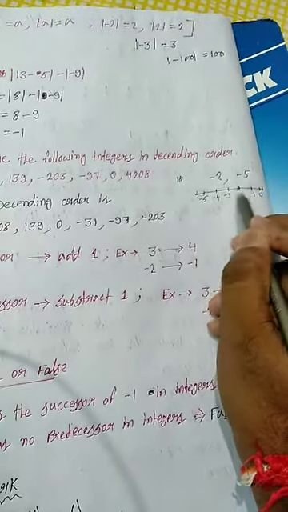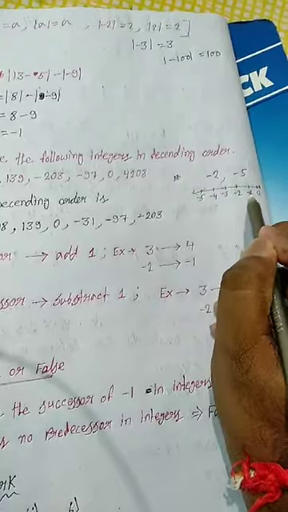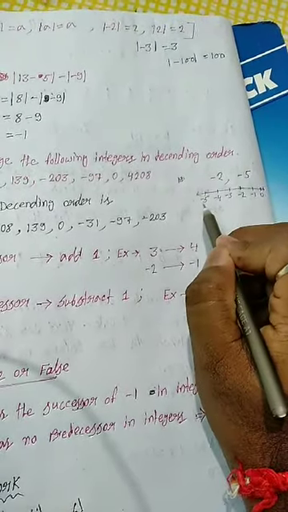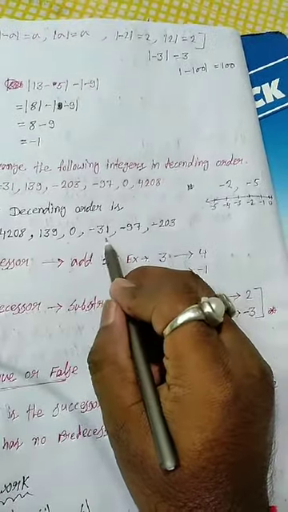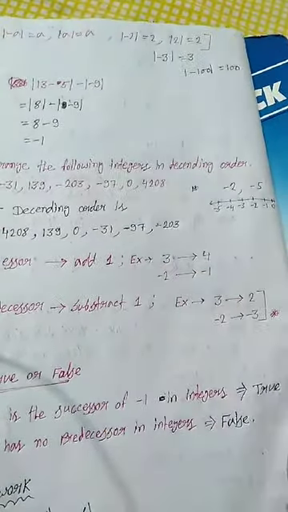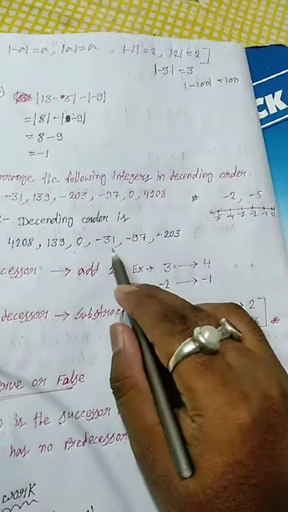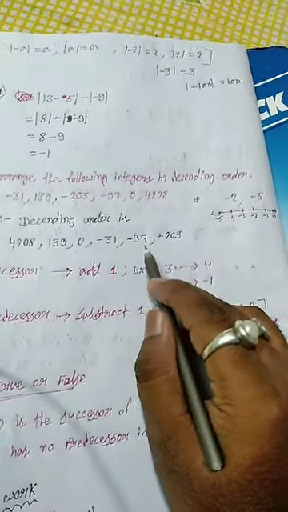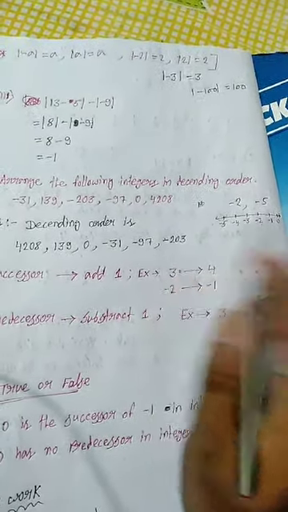If you compare these two numbers, the number present on the right hand side is bigger, and the number present on the left hand side is smaller. That means minus 31 is present on the right hand side, then minus 97, so minus 31 is bigger and minus 97 is smaller. A similar concept applies to these two numbers.